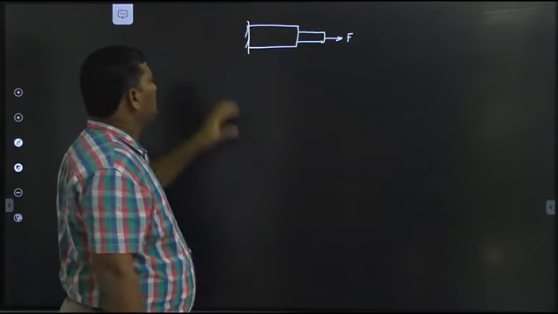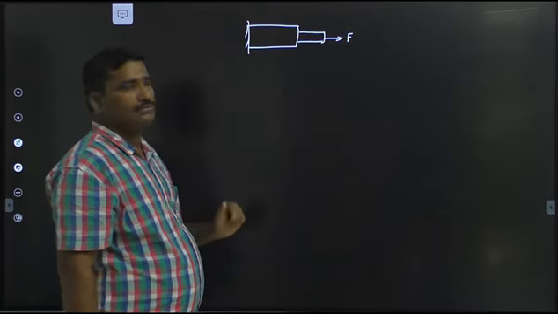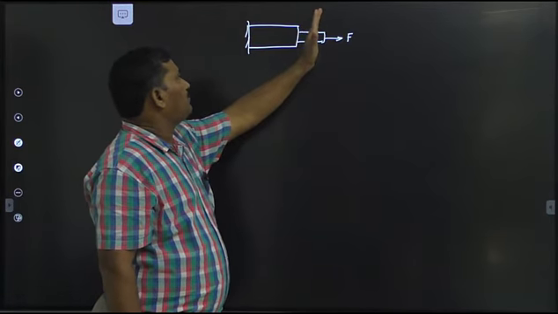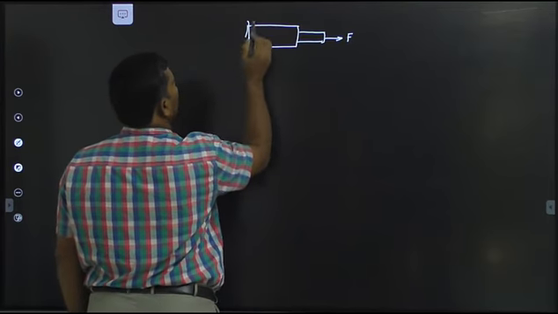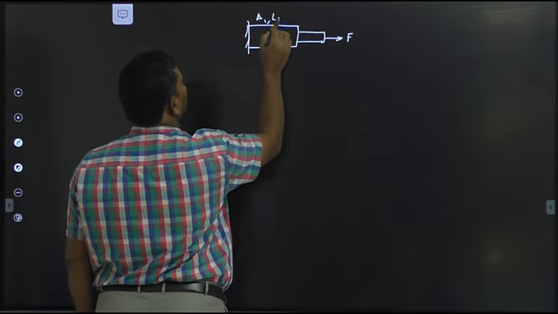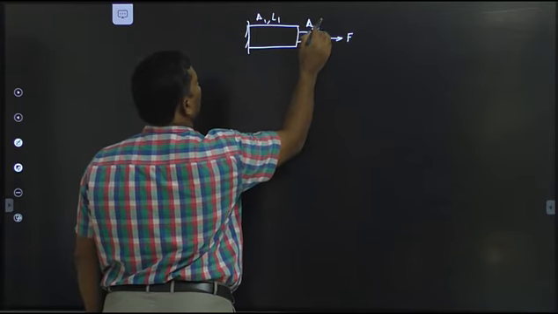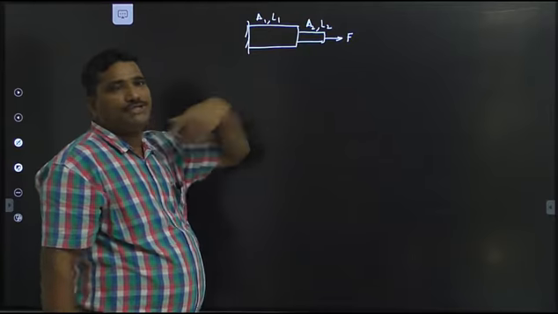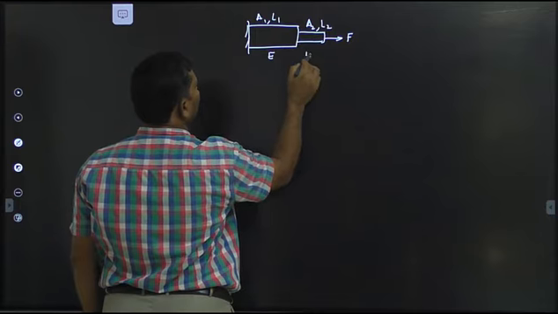In the first part, the cross-sectional area is the same from here to here. In the second part, the cross-sectional area is the same from here to here. Therefore, for this part, the cross-sectional area is A1 and the length is L1. For this part, the cross-sectional area is A2 and the length is L2. Assume that the bar is made of the same material. Therefore, Young's modulus is the same for the entire material.